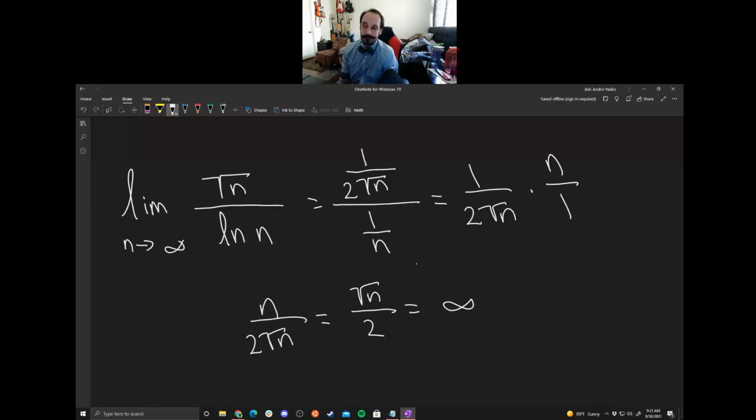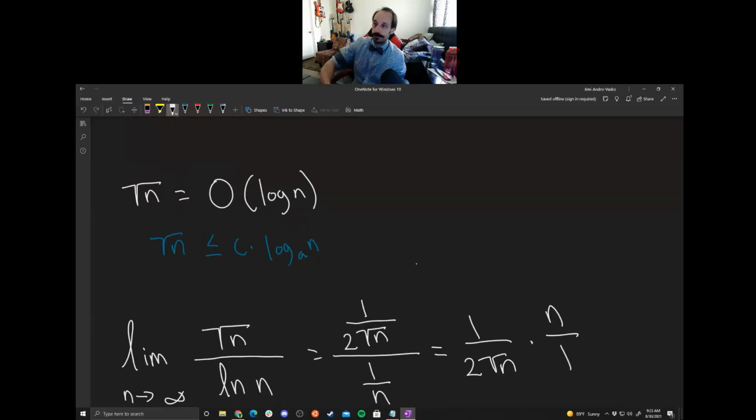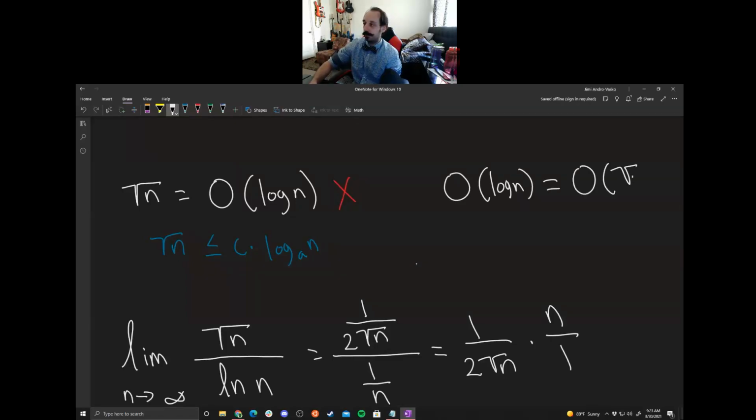Which means that square root of n has a larger asymptotic growth rate than any logarithmic function. Therefore, this is not correct. However, if I would say O of log n is in the set O of root n, that would be correct.